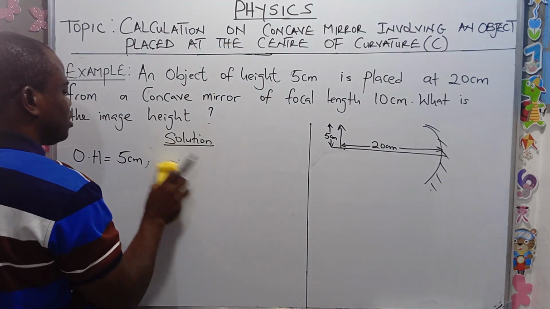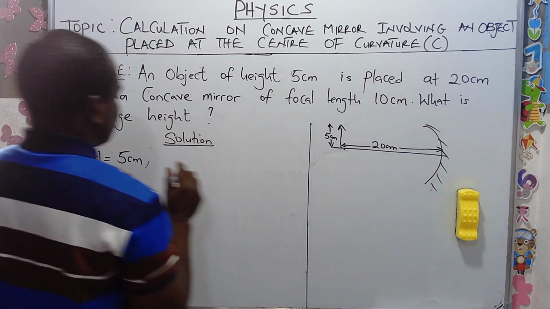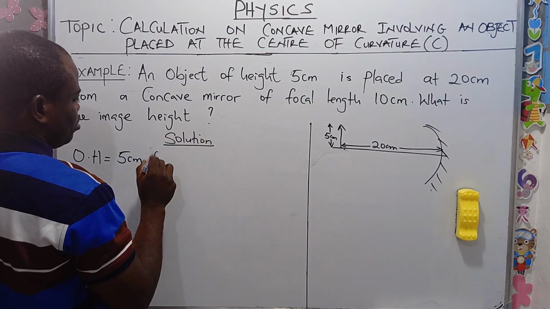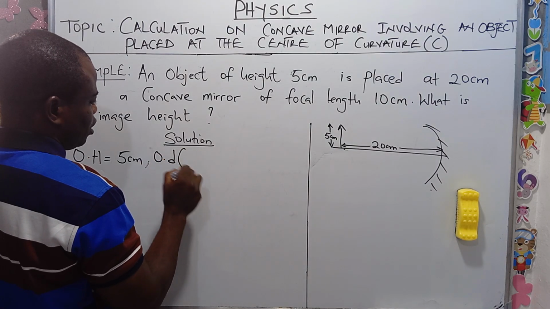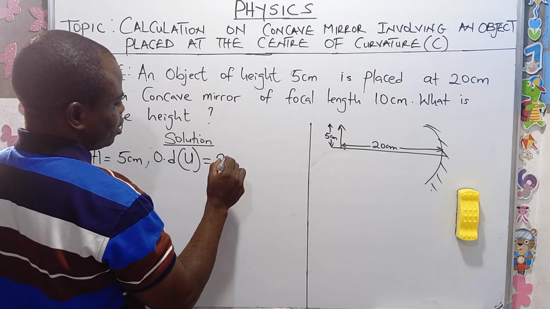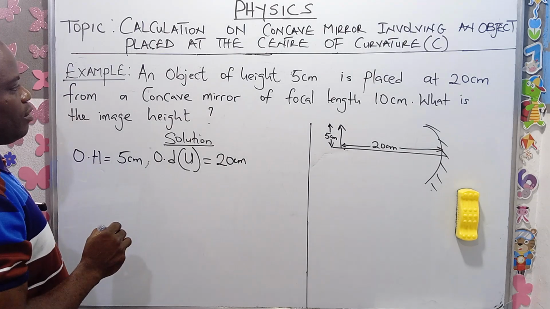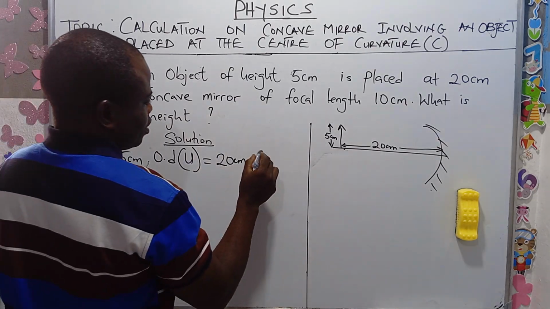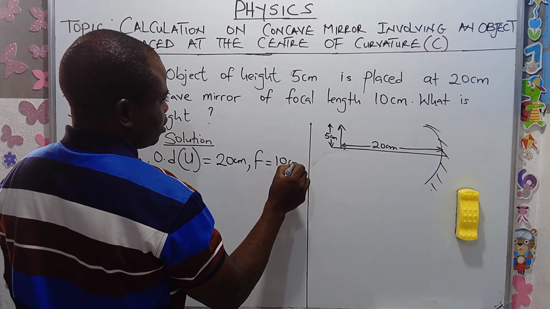And yes, we use U to represent object distance, and it's 20 centimeter. Now focal length F equals 10 centimeter.